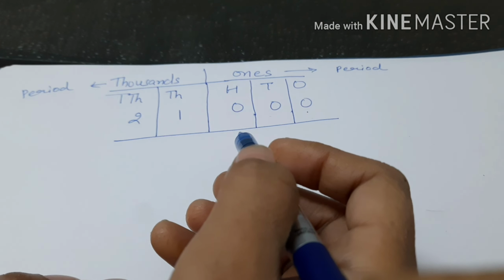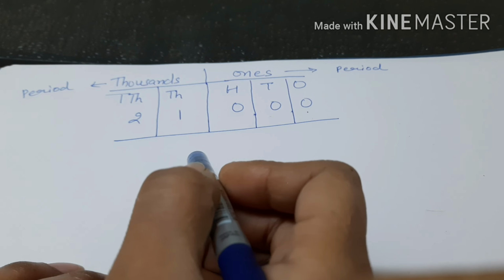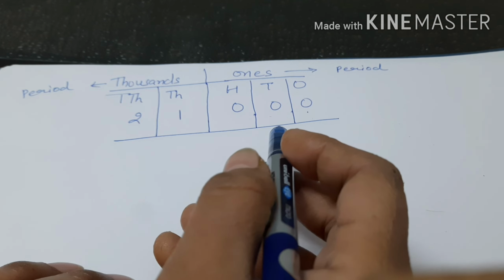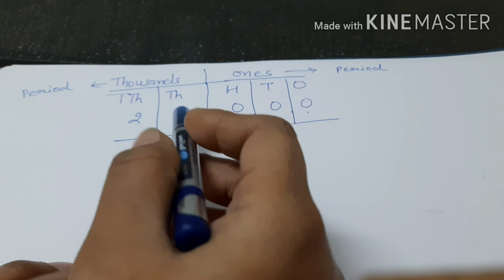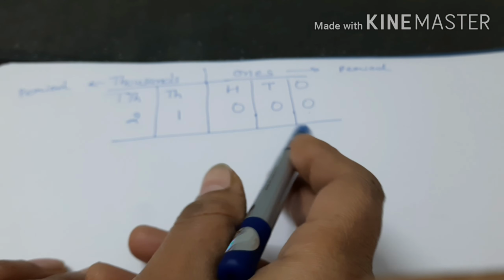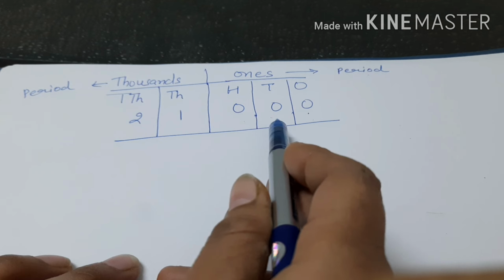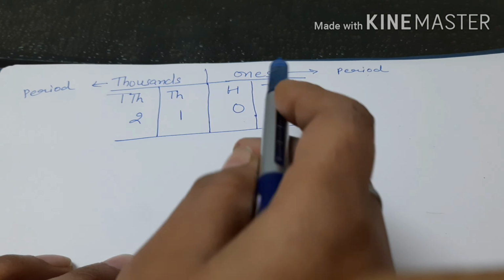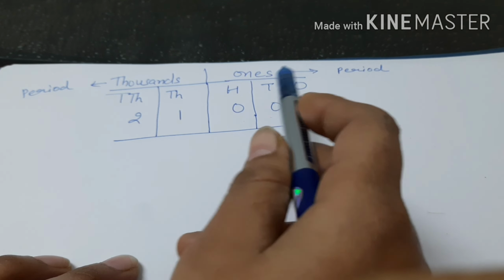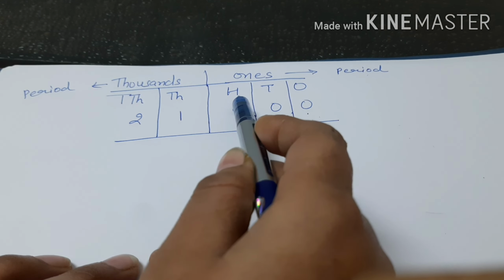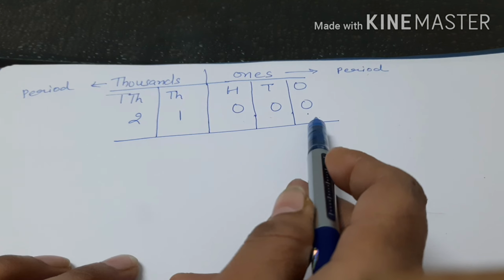Second point, when a period contains 0 we don't name that period in word form. So look at this number 21,000. In the ones period there are 0 digits, because the ones period covers ones, tens and hundreds.